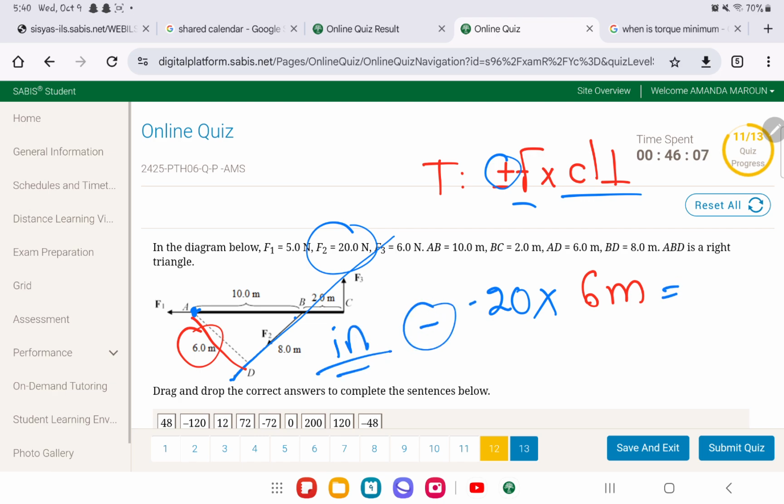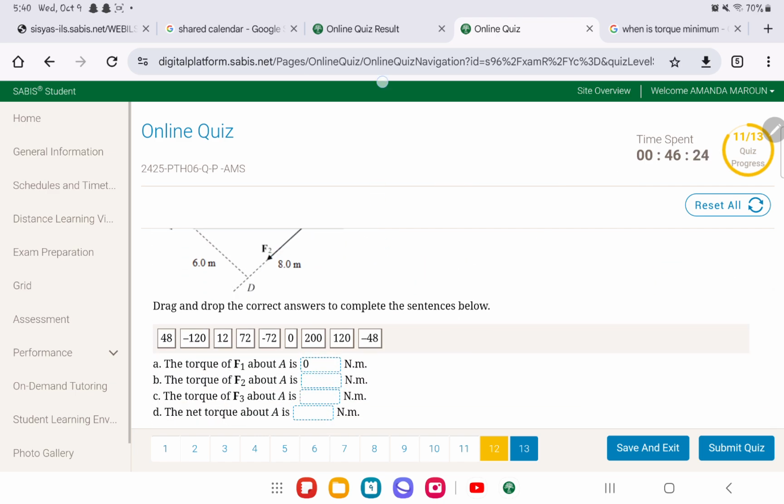So negative 20 times 6 meters is going to be negative 120 newton per meter. So for B, the result is minus 120 newtons per meter.